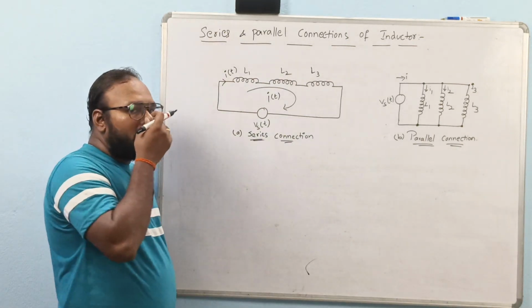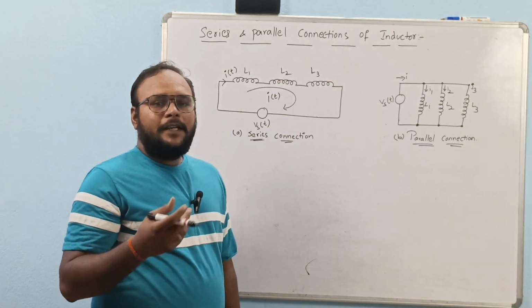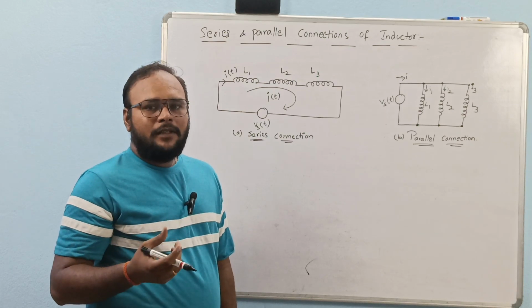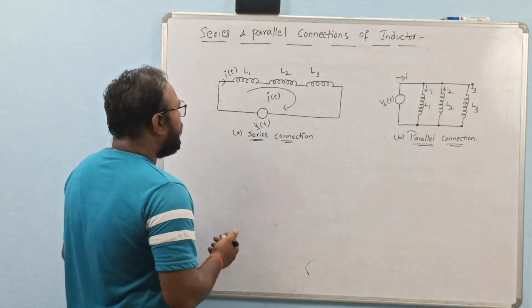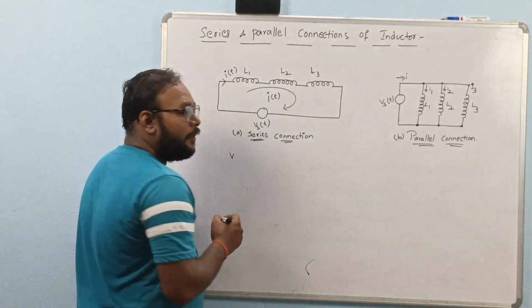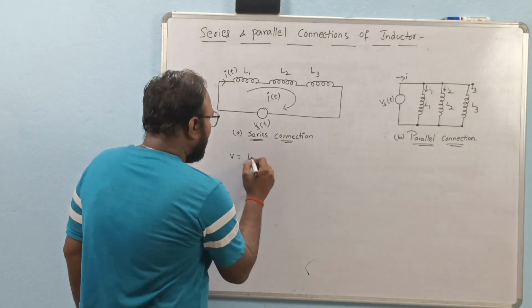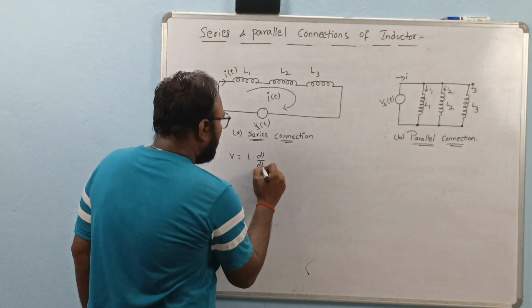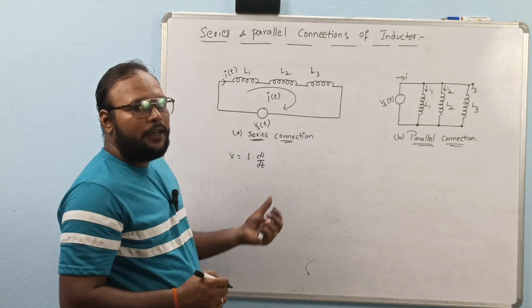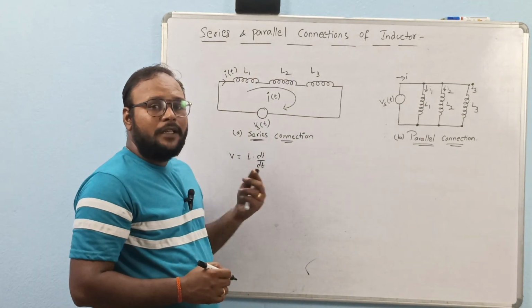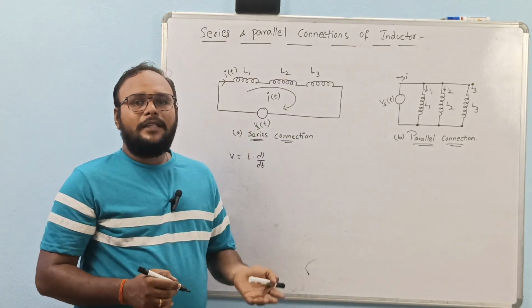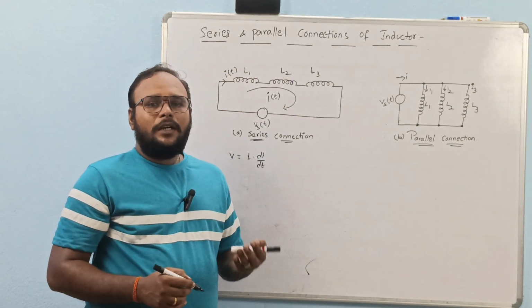We already know the value of V: V is equal to L into di by dt. If you want to learn how we get this equation, just go to our video regarding the inductor.